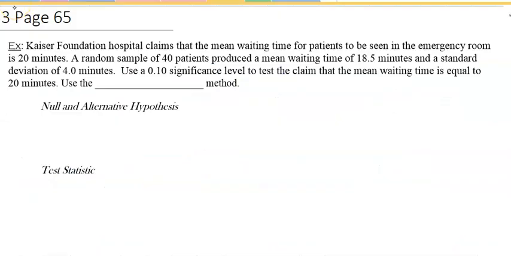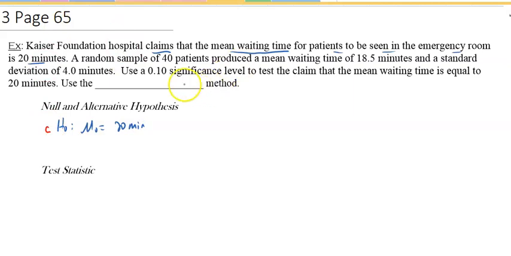We will start with our first example. Kaiser Foundation Hospital claims that the mean waiting time for patients to be seen in the emergency room is 20 minutes. So the null hypothesis is that the mean is 20 minutes, and the claim is right there. You need to know that to know whether to support the claim or not, because we reject or fail to reject the null hypothesis.